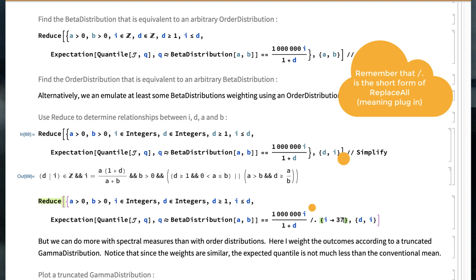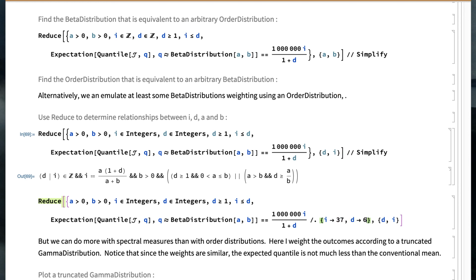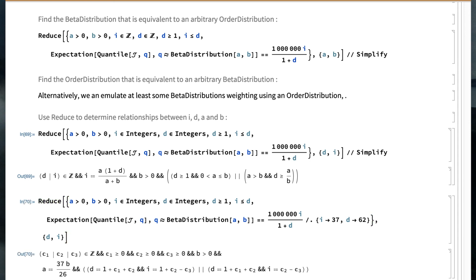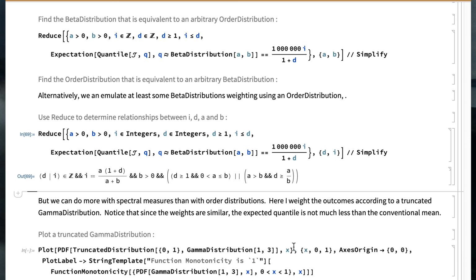We want the 37th worst from 62 draws. And let's see if we can get this to work. All right. And so it's going to tell us that so long as A is 37B divided by 26, this will work. So, I guess what I'm trying to explain is that one virtue of spectral measures is that it can emulate order distributions. But unlike order distributions, we can do more.